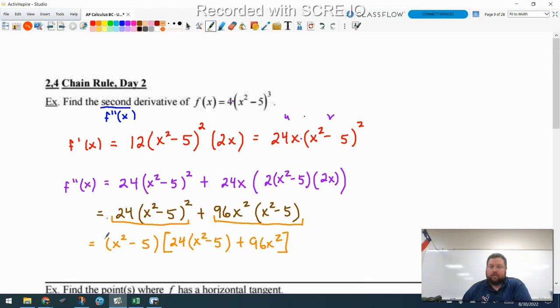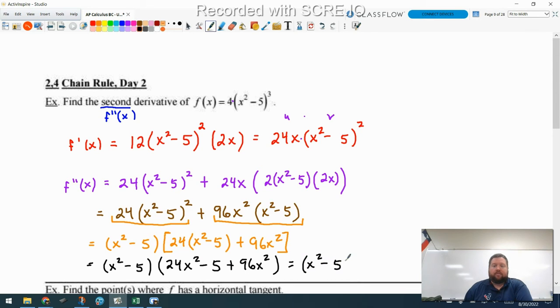So I have x squared minus 5. And then I'll just go back to regular parentheses, distribute. So 24x squared minus 5 plus 96x squared. And I should be able to finish this up by combining like terms. So I end up with x squared minus 5 multiplied by 96 plus 24 is 120.